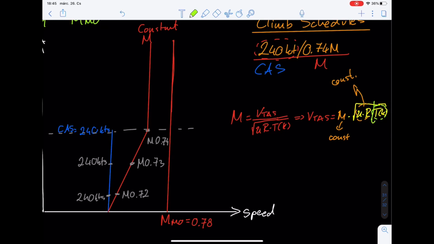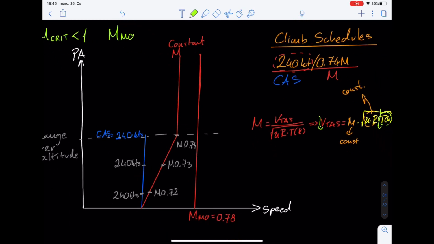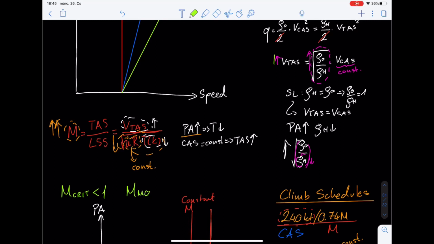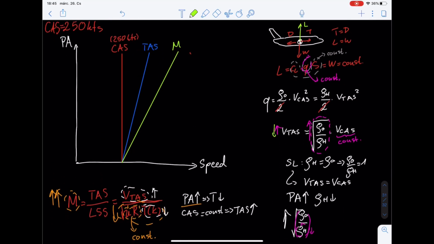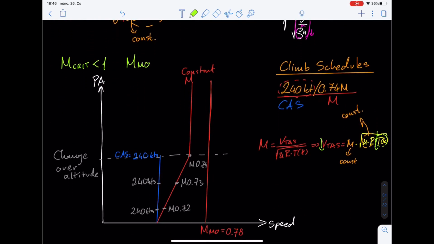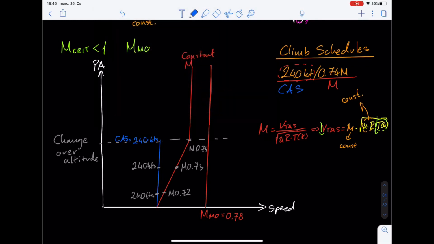So therefore, the true airspeed is also going to be decreasing. And if the true airspeed is decreasing with the increasing altitude, in that case, the calibrated airspeed is also going to decrease, right? So from this point on, the calibrated airspeed is going to start decreasing.